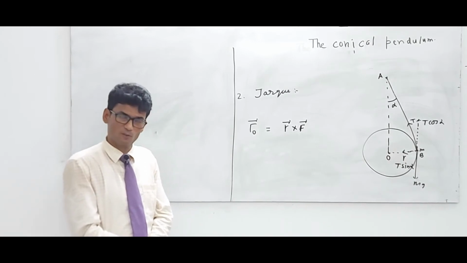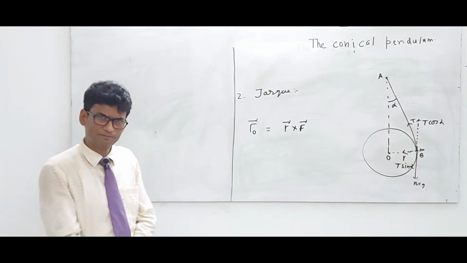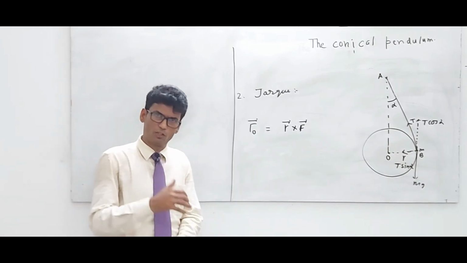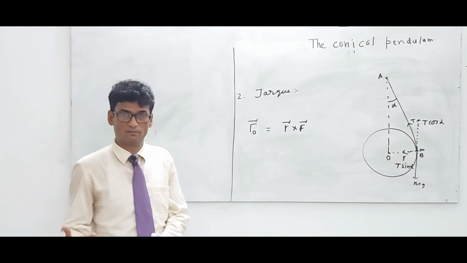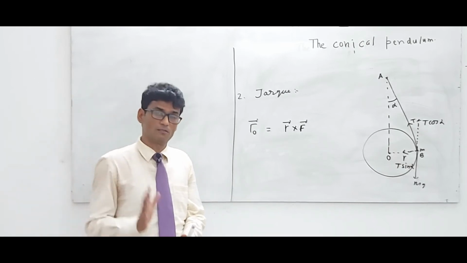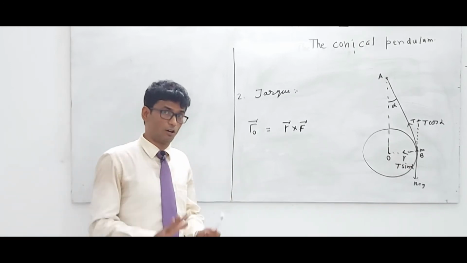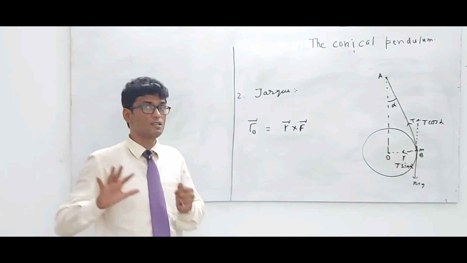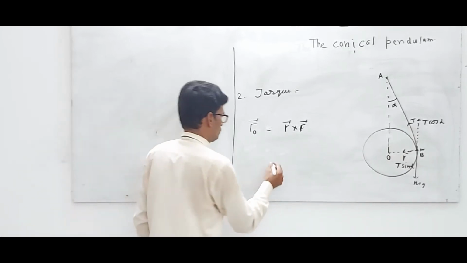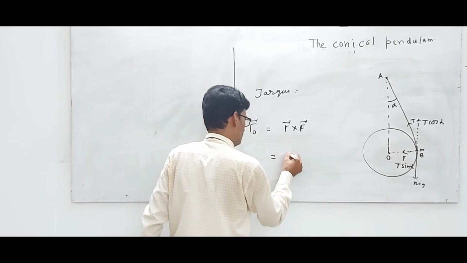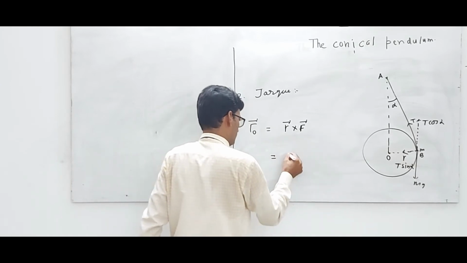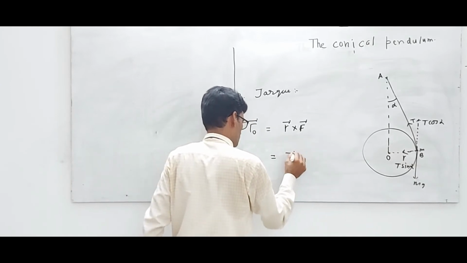And hence, what we find? The net torque comes out to be zero. So the net torque about the center of the horizontal circle is zero.